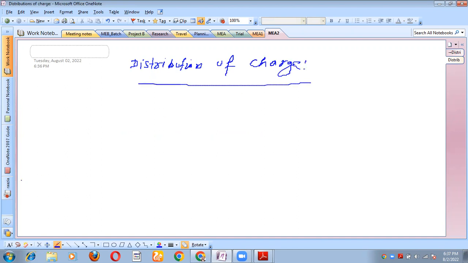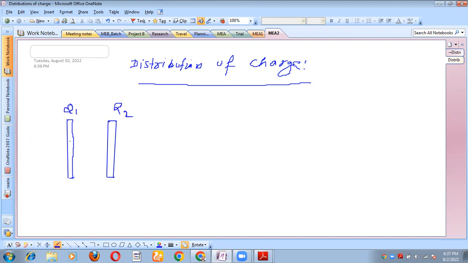In this, what we are going to discuss is, suppose we have two plates of the capacitor like this, and the charge on each plate is Q1 and Q2. So how will the charge be distributed?